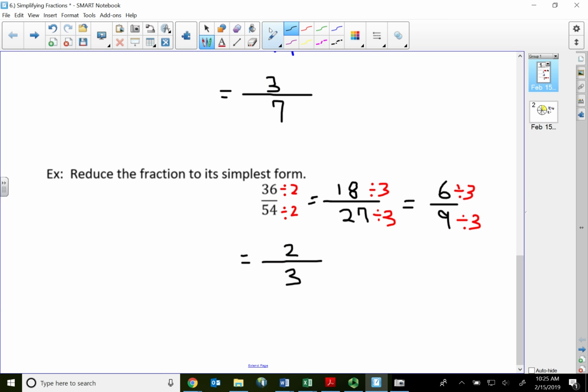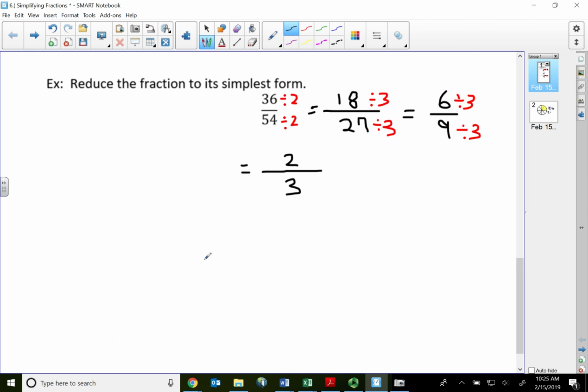Okay, now students that know the multiplication table pretty well probably see that 36 and 54 can be reduced by 9 right off the bat. See, 3 times 3 means that you can reduce by 9.